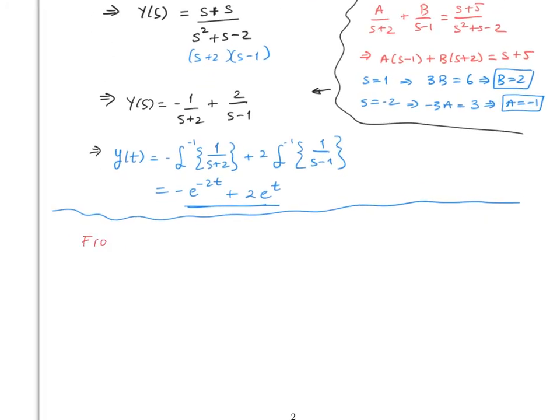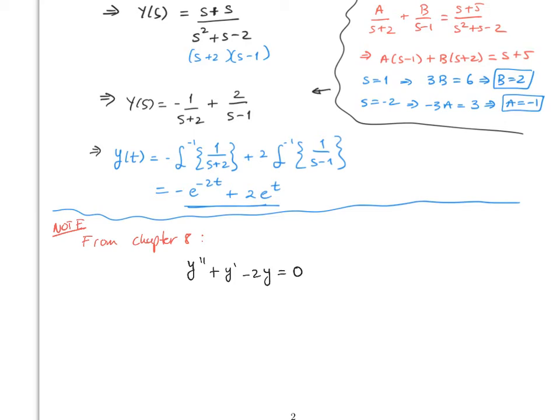from chapter A, just a note. If you have this equation, y double prime plus y prime minus 2y is equal to 0, remember, this is considered a homogeneous equation.